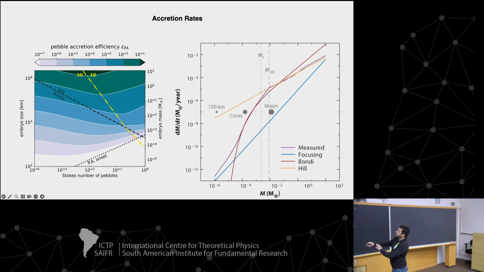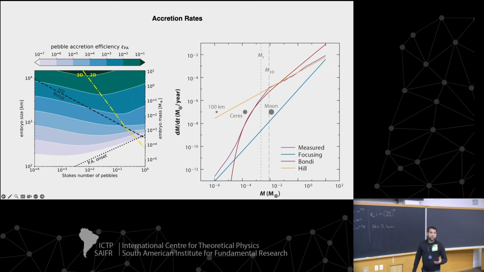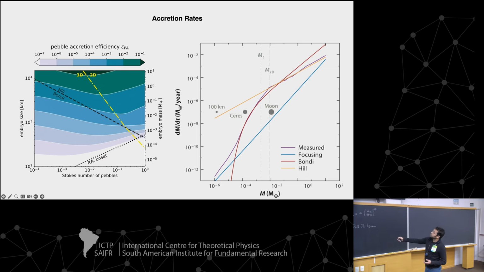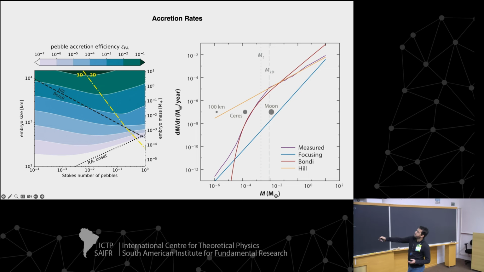The onset of pebble accretion happens here. Beyond that, you have essentially a planetesimal accretion problem. As you see here, the mass accretion rates for this case are very, very small. As you start on the pebble accretion trajectories here, the mass accretion rate goes up by a lot.